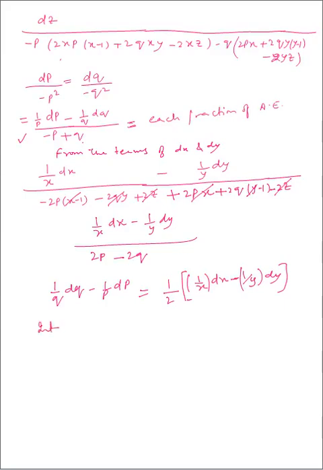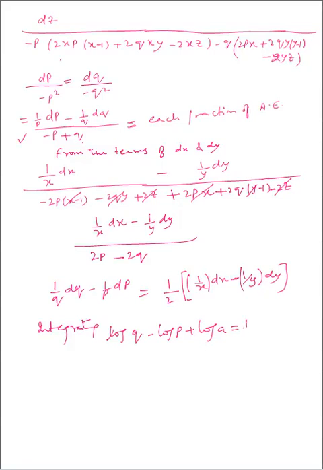Integrating, we get log q minus log p, and we add the coefficient of constant is equal to 1 by 2 1 by x dx minus 1 by 2 dy.